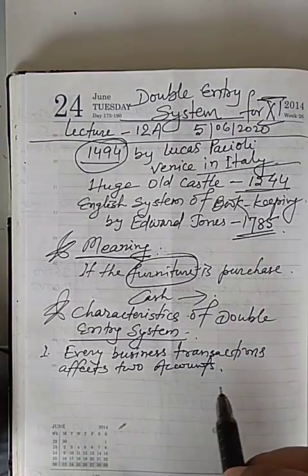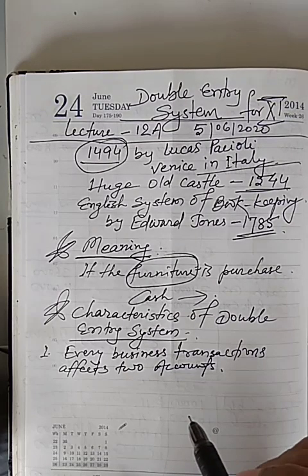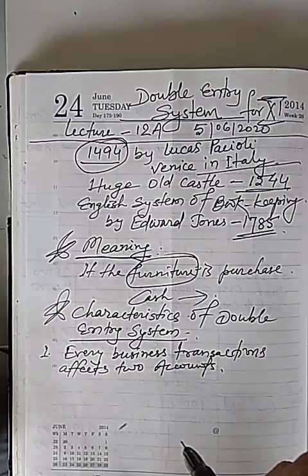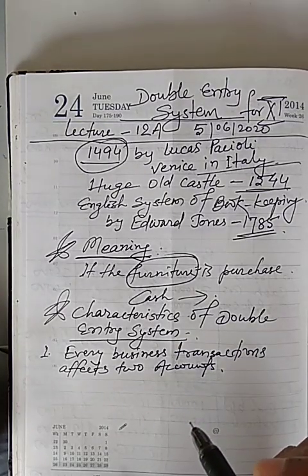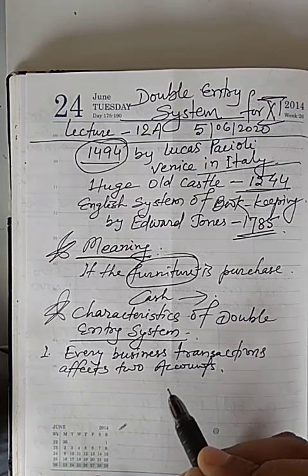Every business transaction has a twofold effect, that is, it affects two accounts. One of them is debited and the other is credited.